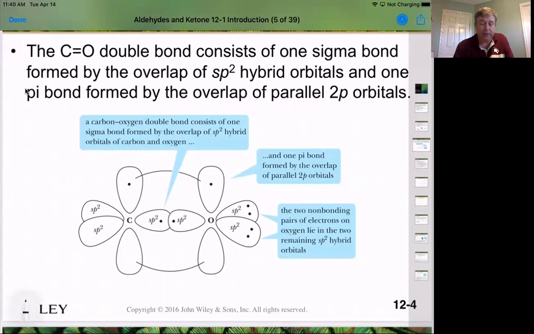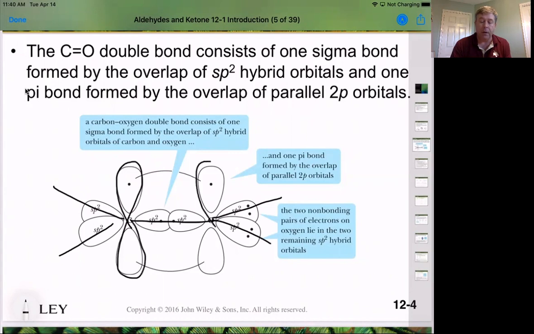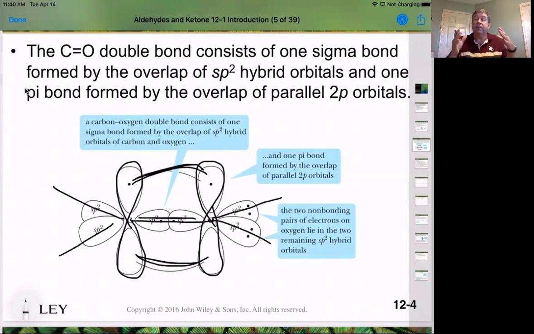So we have a nice trigonal planar structure between the carbon and the oxygen, and the lone pairs stick out in a trigonal planar configuration as well. Now, the remaining p orbital on the carbon overlaps with the remaining p orbital on the oxygen, and they share one electron from each to create a pi bond. So you have a single sigma bond and a single pi bond in this nice flat trigonal planar structure.